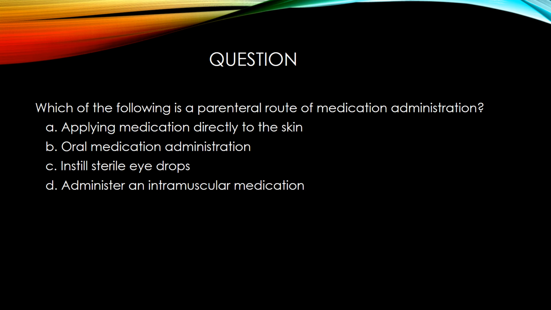And administering an intramuscular medication, that is your parenteral type. So IM injection, IV, and sub-Q, those are parenteral, versus oral medications or instilling sterile eye drops, that's a topical type.